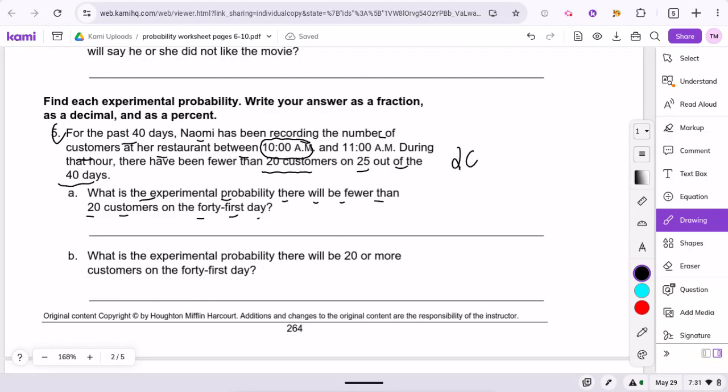So if this pattern continued, right, it would still be a 20 out of 25 chance. And this is asking for both the decimal and the percentage. So you can put it into the calculator. 20 divided by 25 is 0.8. And you can put that as a percentage of 80%.